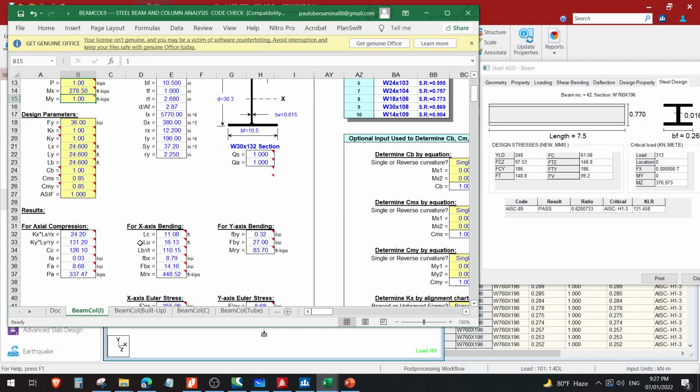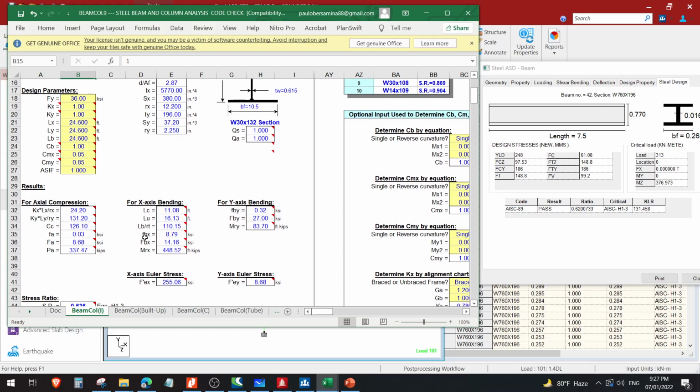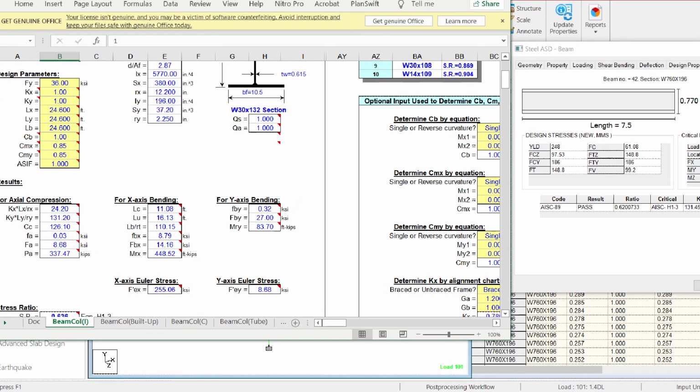So for example, ang kanyang actual capacity is 8.68 KSI. Kay STAAD is 61.08 megapascal. So multiply lang natin to sa around 7, no?